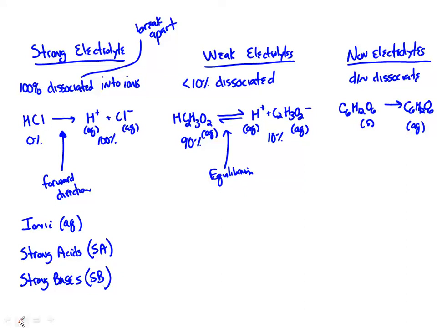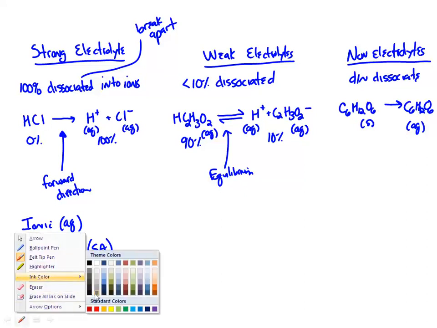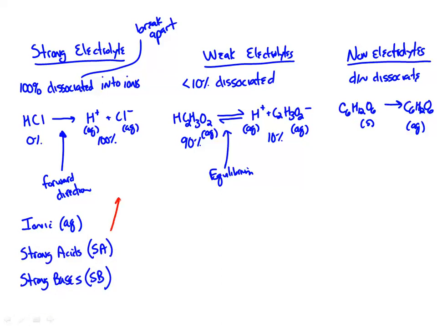I really should throw this on a separate page, but I'm going to cram it in here. If I were you guys, I'd just draw it right under the strong acids part. I always run out of room. The strong acids are HCl, HBr, HI, and I should point out there's six of them, HClO4, H2SO4, and HNO3.